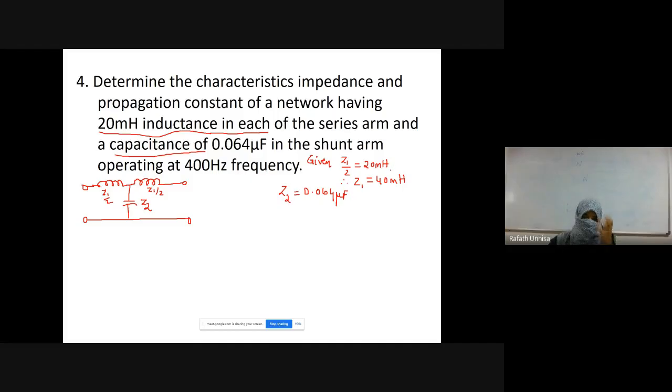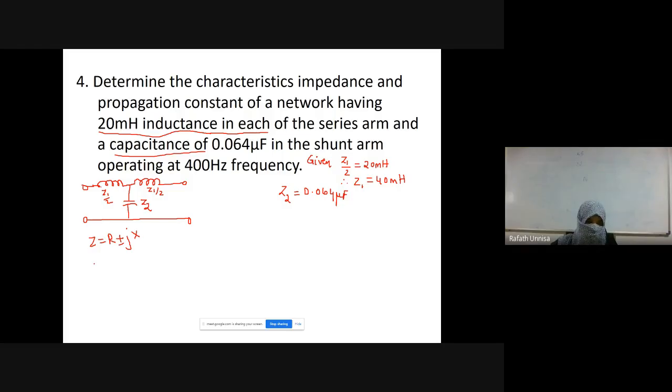Once we have these two elements, we should be familiar that Z equals R plus or minus jX. In this particular case, we are given only the L value, so R is missing since only plus or minus X is present.